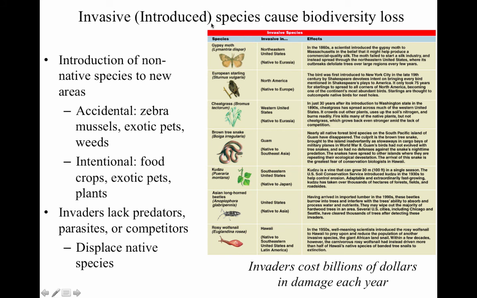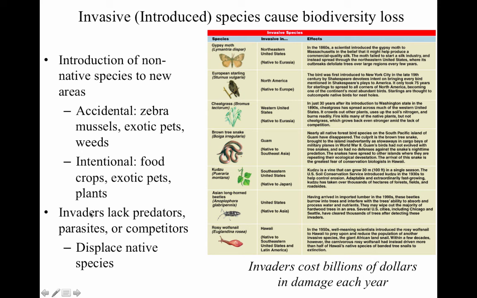So invasive or introduced species also lead to biodiversity loss. Sometimes it's accidental, like the releasing of exotic pets or weeds or these zebra mussels. Sometimes it's intentional, where people bring a crop they grew with success from one area to another area, and they find that it starts to grow in the wild and might start to exclude native plants.